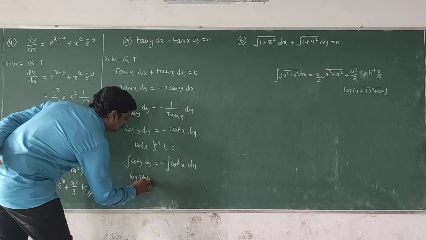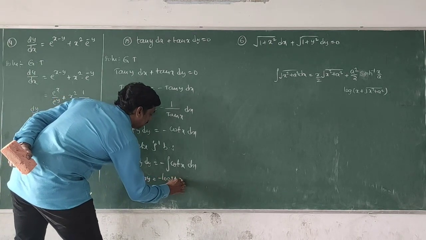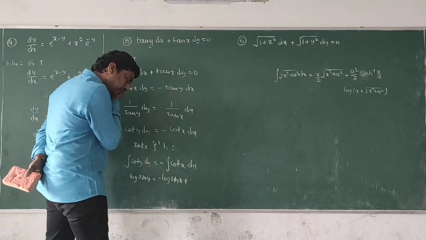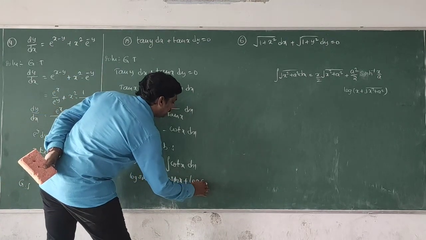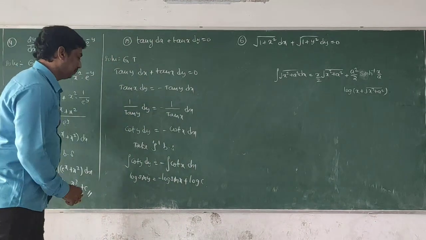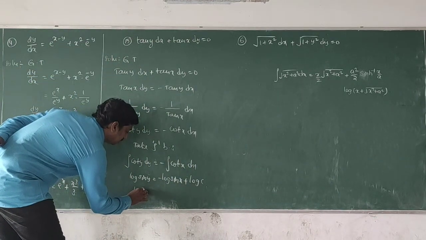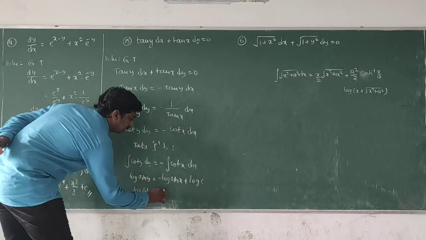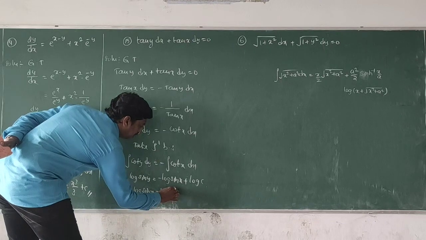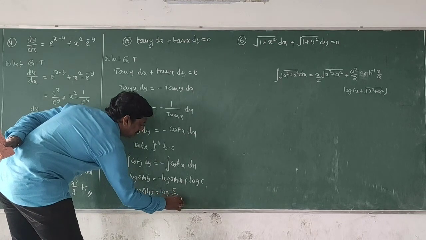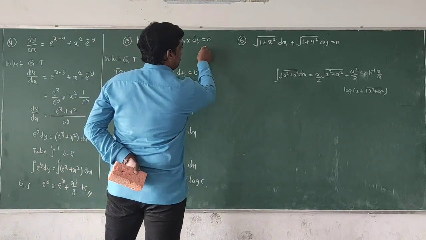Log sin y equals minus log sin x plus constant. These two terms are log terms, that's why write down the constant in the log terms only. Here log sin y equals, log a minus log b is log a by b, log c by sin x. Both sides log cancel.